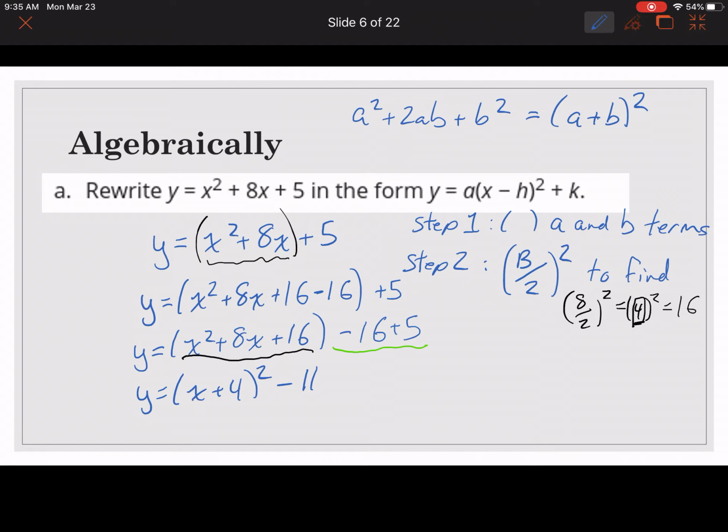So I guess I need to finish my steps. Step 3: both add and subtract whatever becomes of b divided by 2 squared.